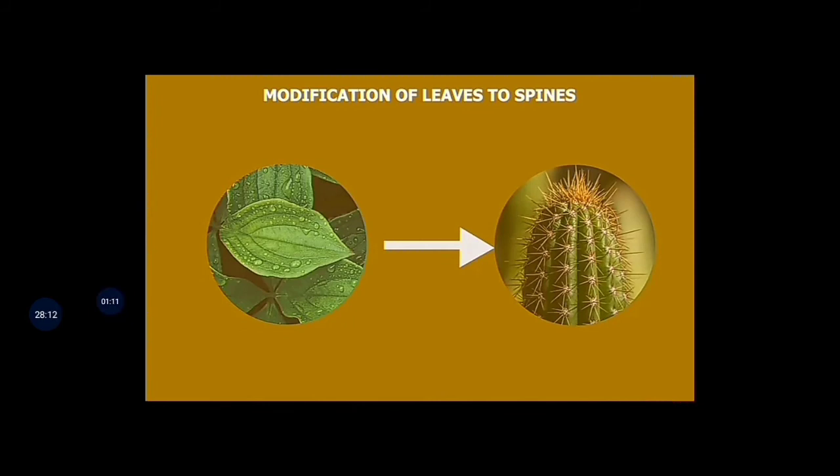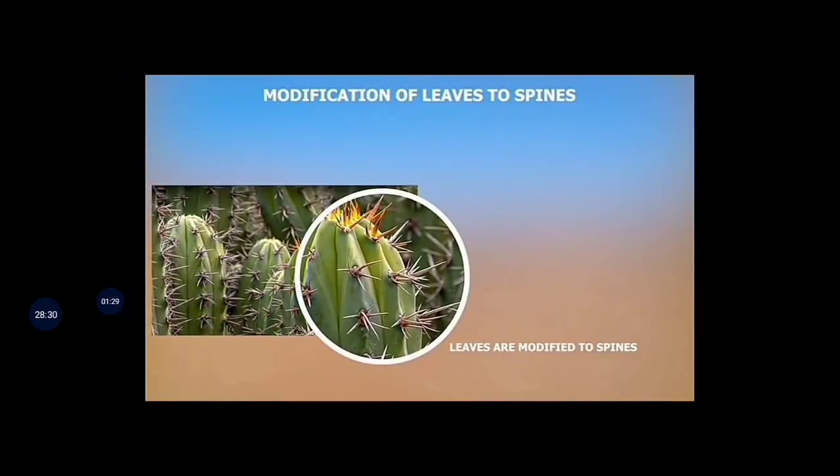In deserts, the availability of water is less. We know plants release water from roots to all the parts of the plant, and thus transpiration also occurs in most of the leaves. In some plants, transpiration is done only in the modified leaves. The leaves are thus modified into spines.